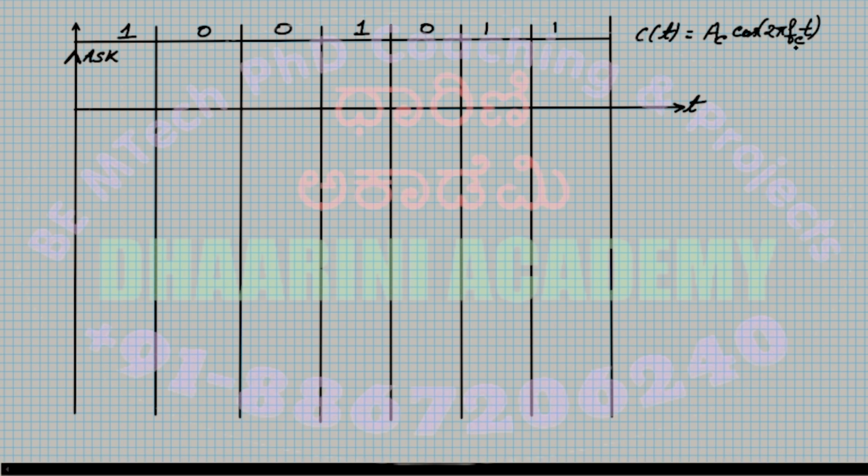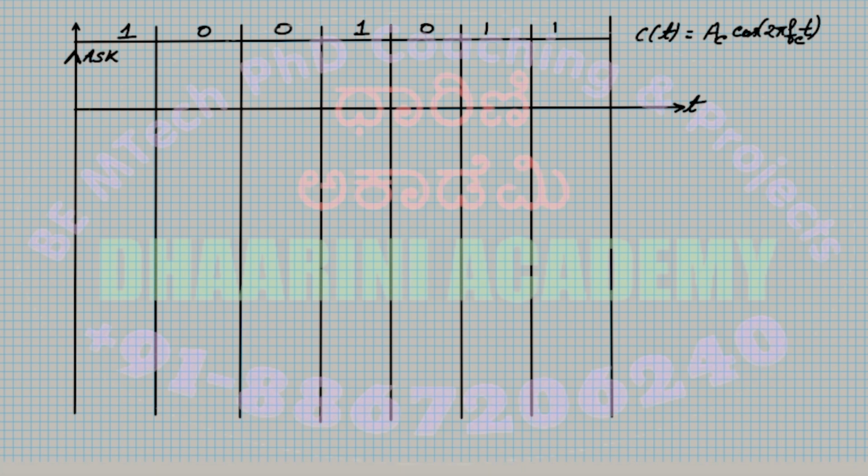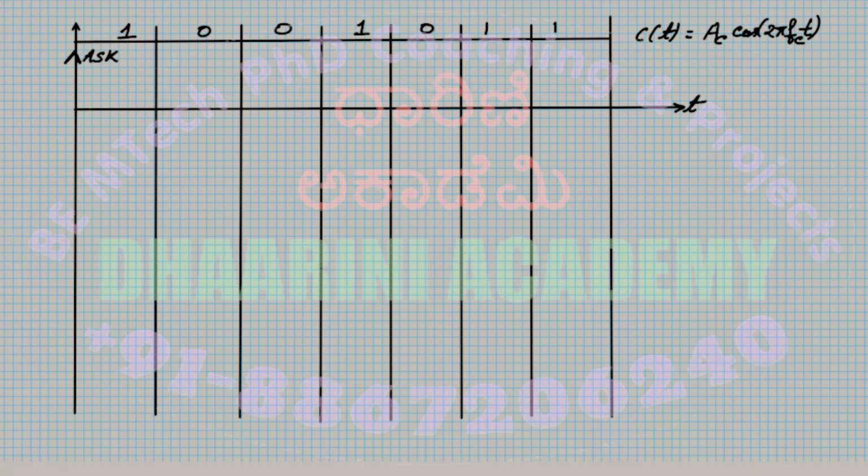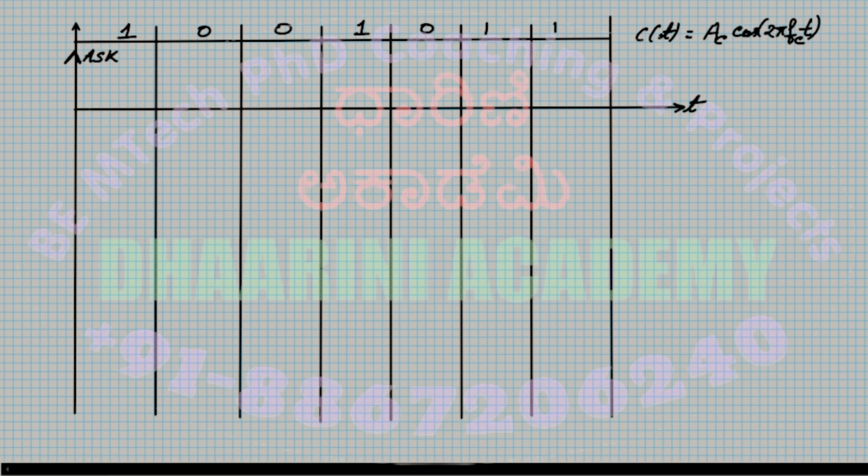In this you see that fc is very large. Whichever band you want to use, like the FM band, frequency modulation, all the radio channels are present around 100 megahertz. So fc will be 100 megahertz: 2 pi into 100 into 10 to the 6 into t, into some amplitude you measure. Ac can be 2 volts, 5 volts, etc. So that's this wave.